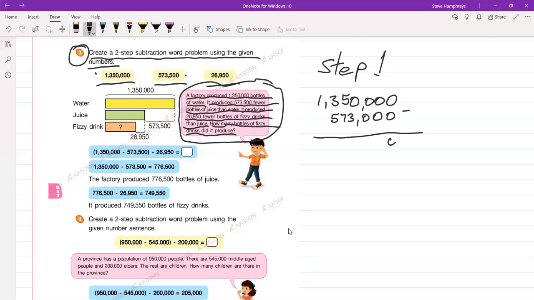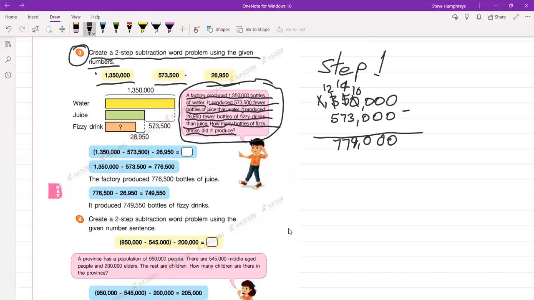0 minus 0 is 0. 0 minus 0 is 0. 0 minus 0 is 0. 0 minus 3, you need to borrow, make that 4, make that 10. 10 minus 1 is 9. 4 minus 7, you need to borrow again, make that 2, make that 14. 14 minus 7 is 7. 2 minus 5, you need to borrow again. 12 minus 5 is 7.